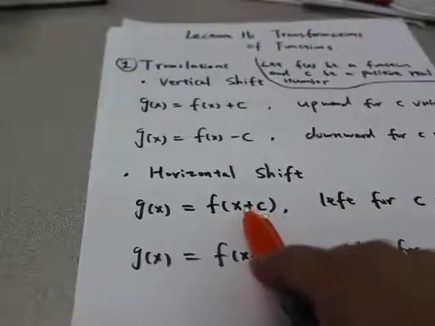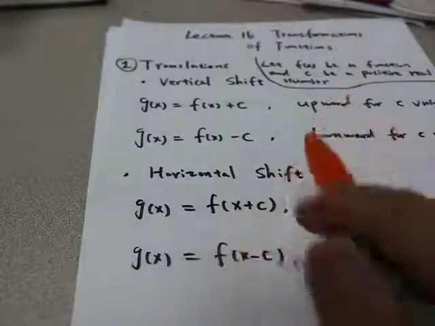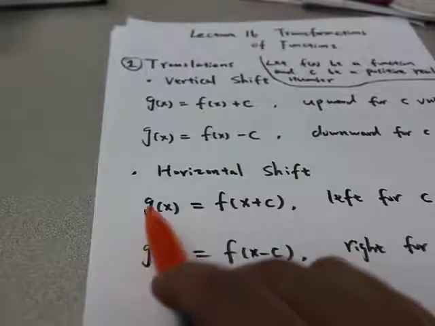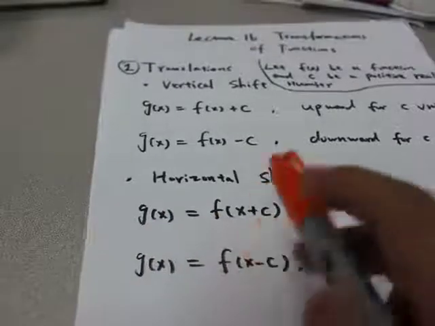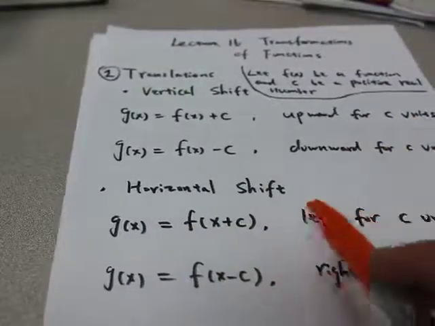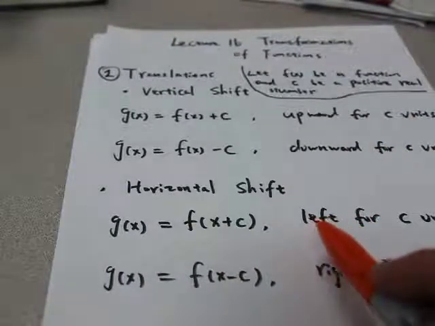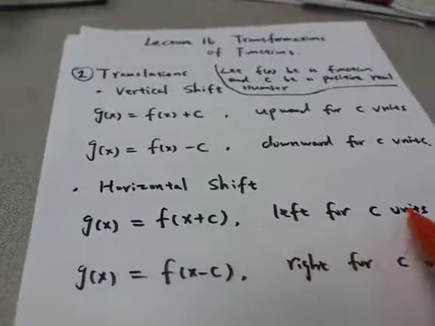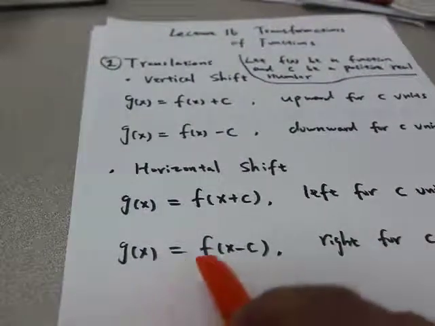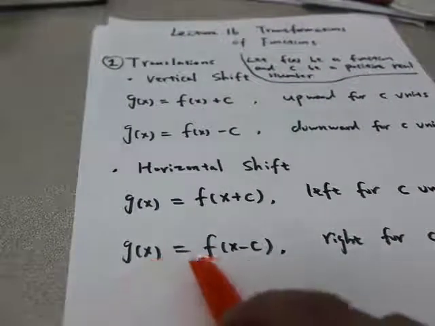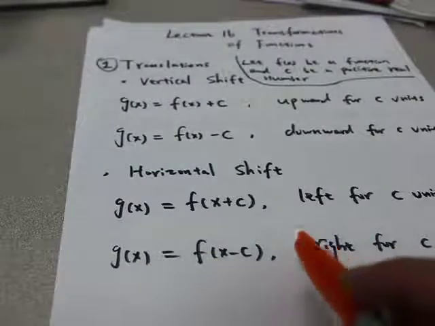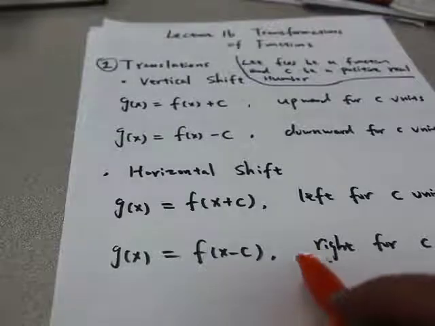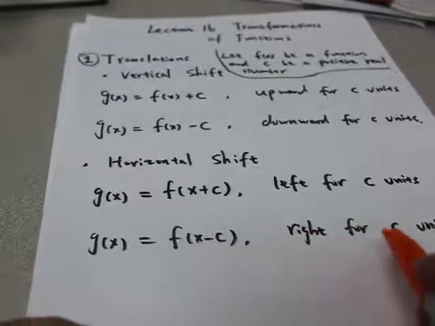So if we add a number to x within the parentheses, the graph of the new function g(x) is the graph of f(x) shifted horizontally left for c units, and the graph g(x) equals f of x minus c is the graph of f(x) shifted horizontally right for c units.